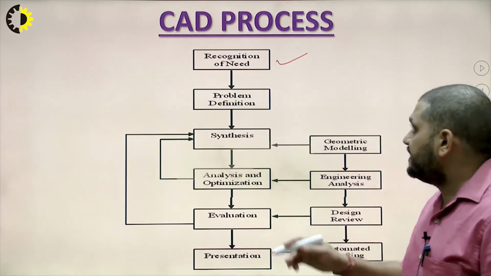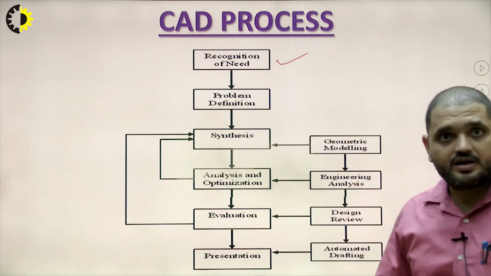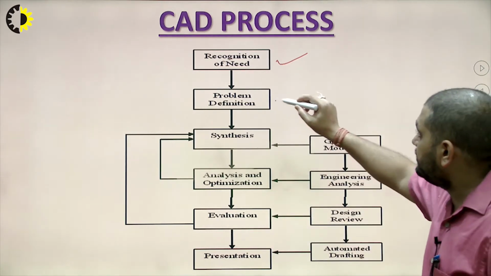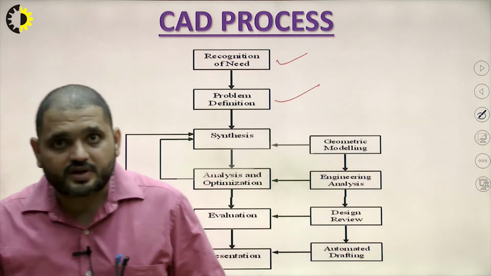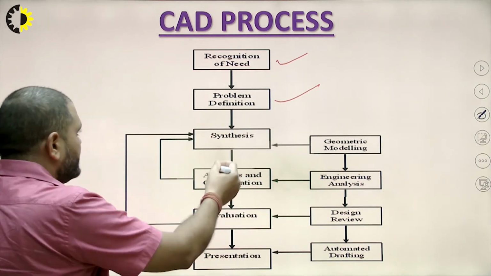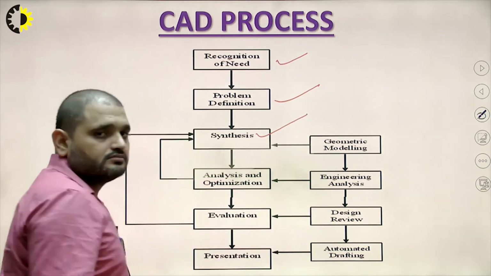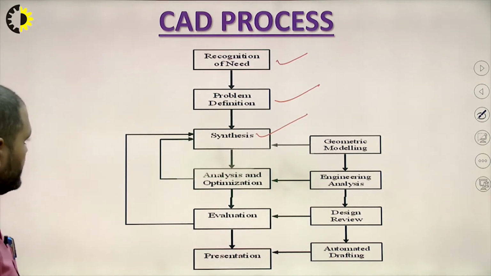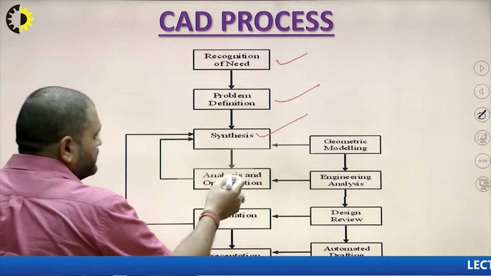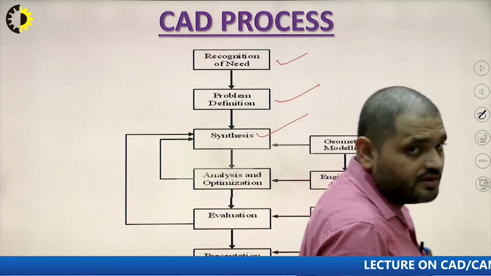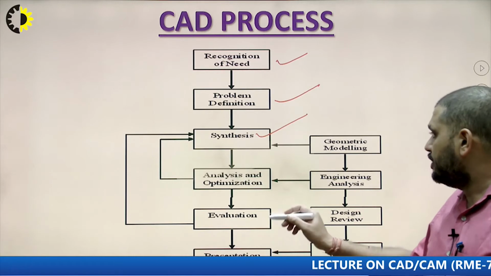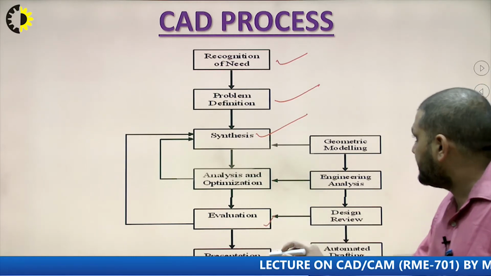Then problem definition: once the need is identified, the problem is defined, how the product will be made and what its functions will be. Then synthesis, which we have already learned. Then analysis and optimization of the product. Then evaluation, then presentation.